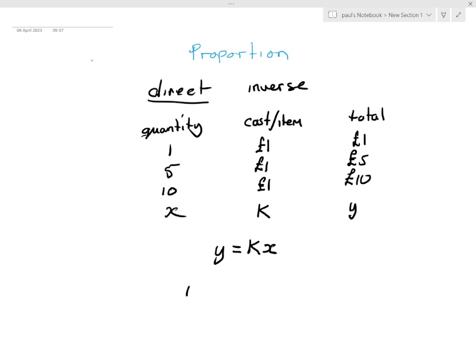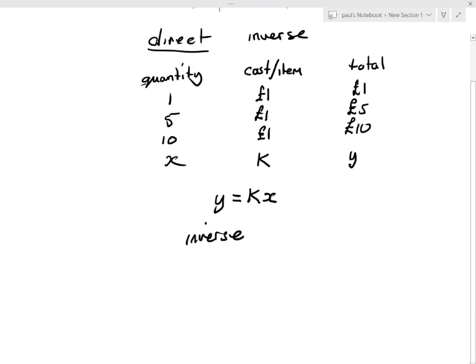Right, inverse, the other way around. So we have to remember these little formulas, or any way around. X equals ky if it's all reversed. So this time we'll have the quantity, and again the price per item, and then the total cost.